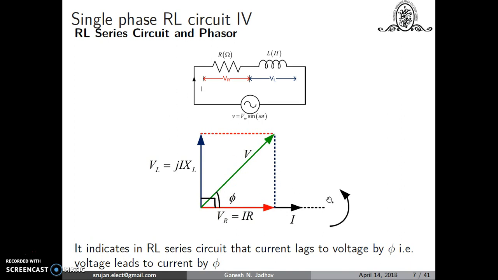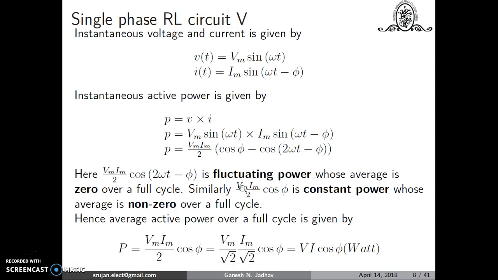What we can conclude from this is that the voltage is leading the current by phi degree, or the current is lagging the voltage by phi degree. So this is the RL circuit where the current is lagging the voltage by phi degree. If phi is equal to 90, it is a pure inductor. If phi is equal to 0, it is a pure resistor. So how will we calculate the instantaneous voltage and current equation?